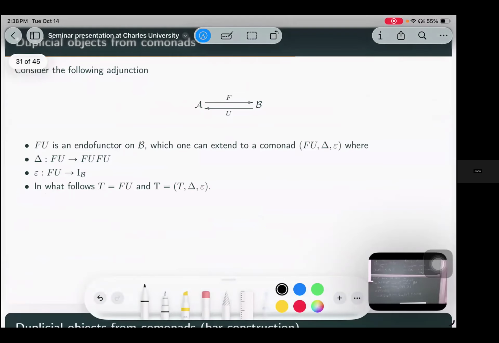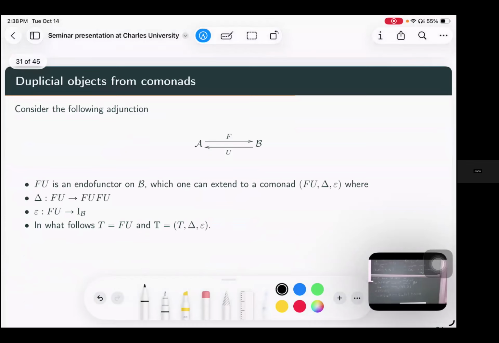Now, how do I form duplicial objects from comonads? As I mentioned earlier on, I first would need an adjunction, and then from that I would get a comonad, and I'll make use of the comonad structure maps to put a simplicial object structure on whatever I want to define.